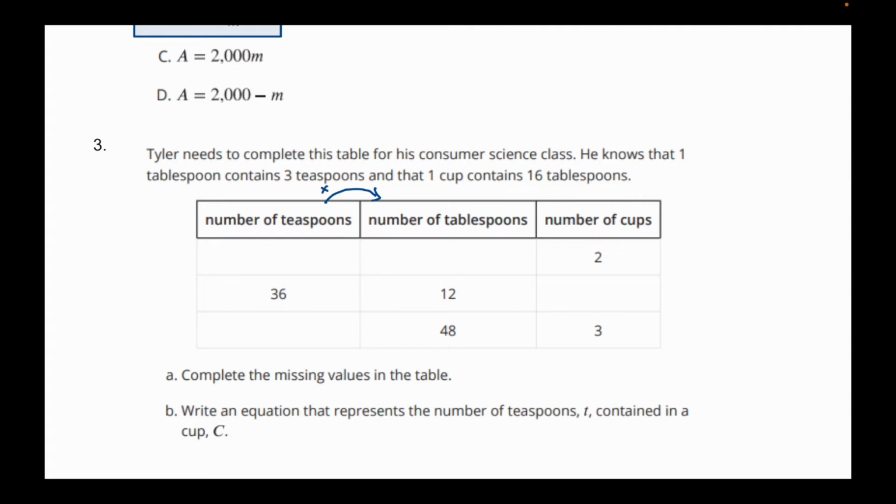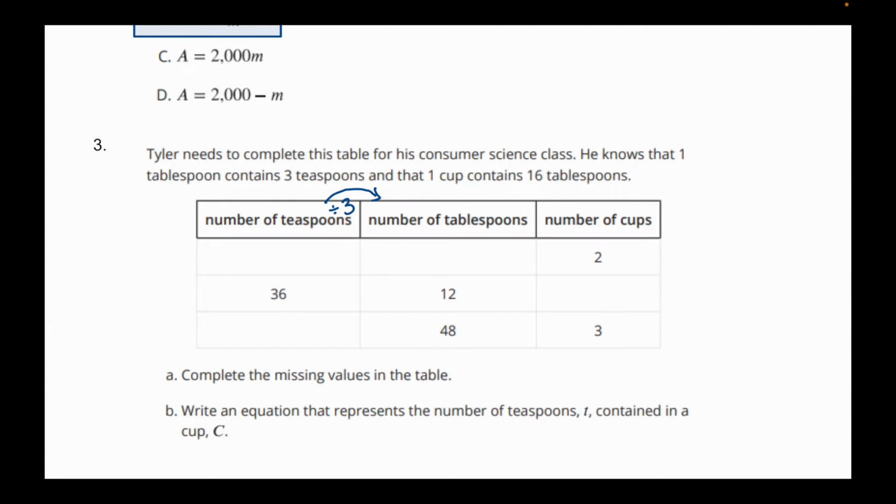I need to multiply, there are 3 of these, but teaspoons are smaller. So we're actually going to divide by 3 if we're moving from left to right here. But we would multiply by 3 if we're moving from right to left.